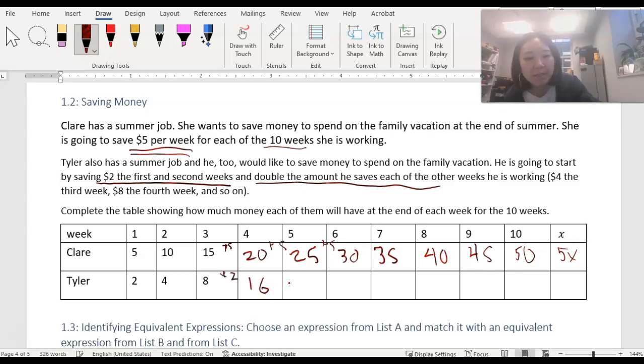So we'll get 16, 32, 64, 128, 256, and then 512, 256 times 2, 512 times 2, 1024.